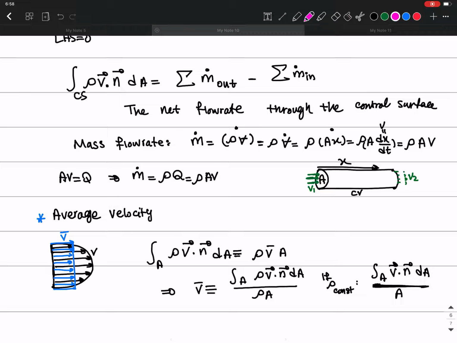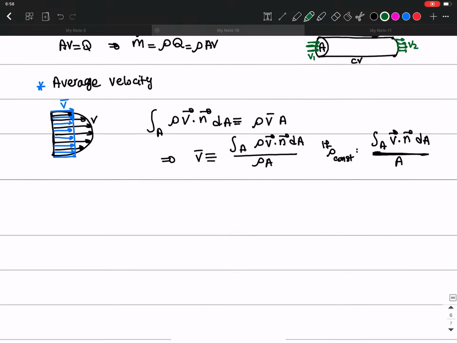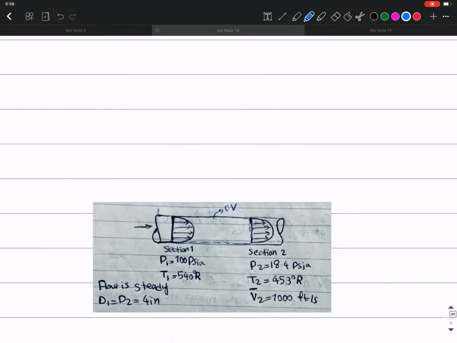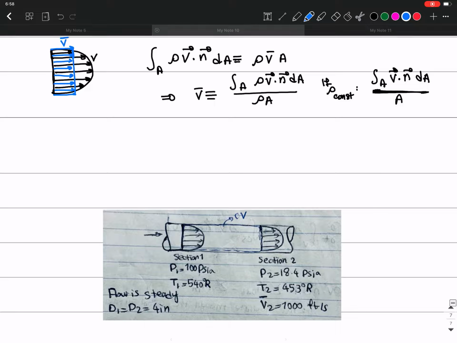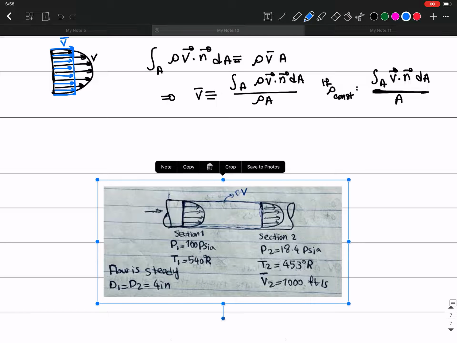So now let me solve one example of this so you get more familiar with it, how you can write it down. Example.